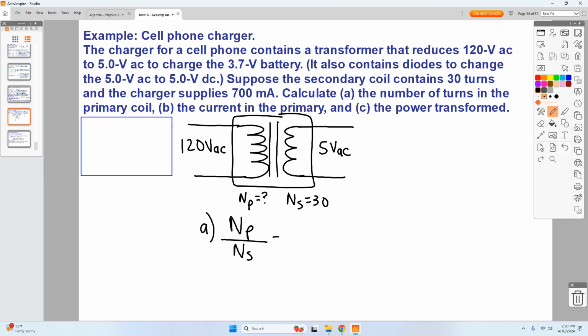I'm going to do it this way, because I often get this mixed up. N sub p is to V sub p as N sub s is to V sub s. Now, you can rearrange that thing that I gave you in any number of ways. We just got to make sure that I have the appropriate ratio set up. Now, I'm looking for the number of turns in the primary, correct? True. So once I get that ratio set up, I can then solve that for N sub p.